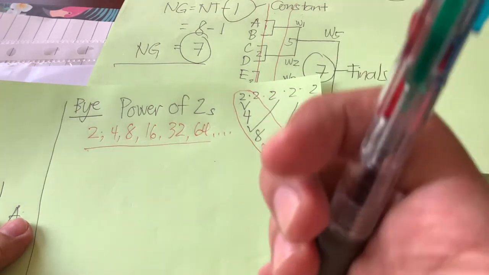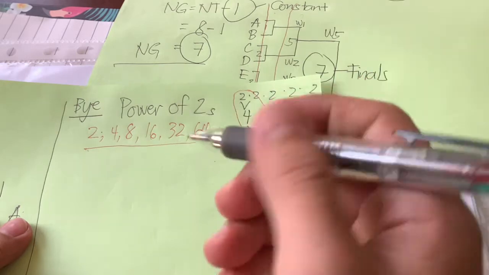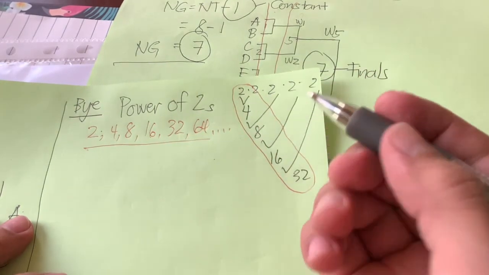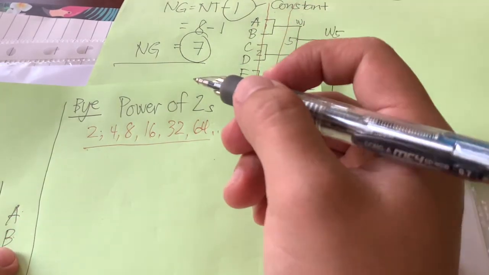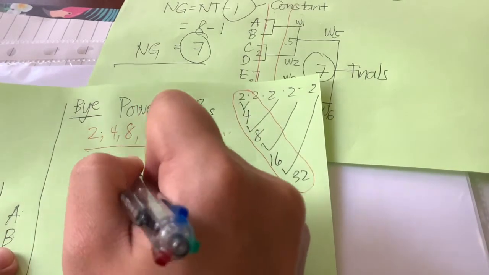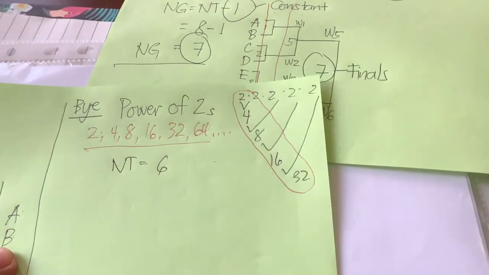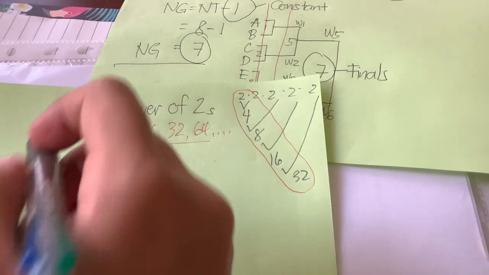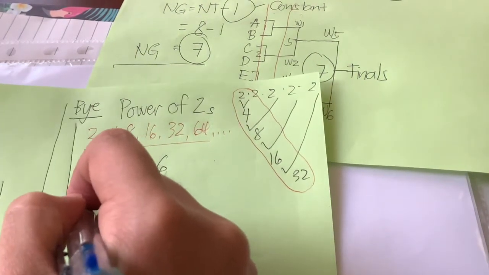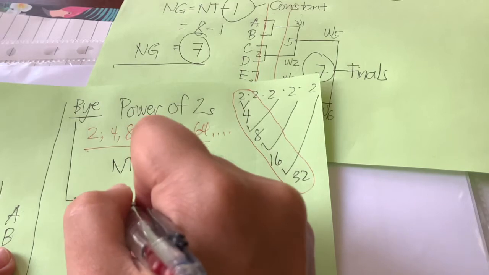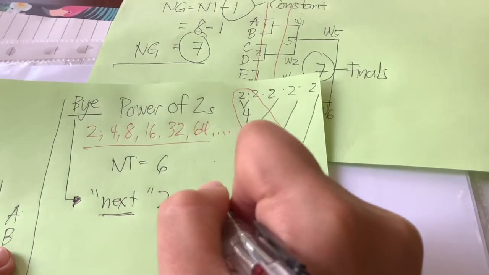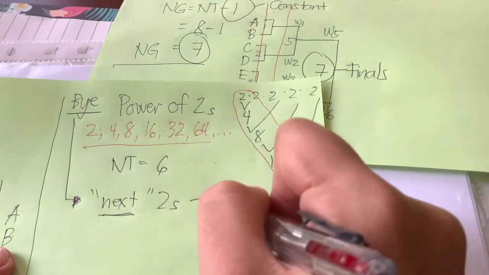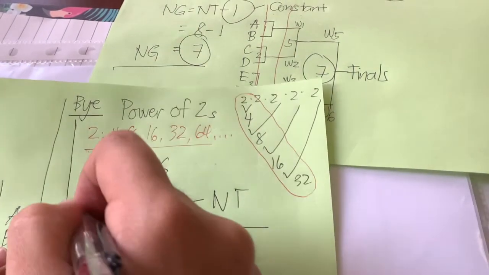Okay? Now let's have an example for it. For example, we have 6 teams. The number of teams is 6. Now, in getting the bye, the word is next: the next power of twos minus the number of teams. Take a look at this.